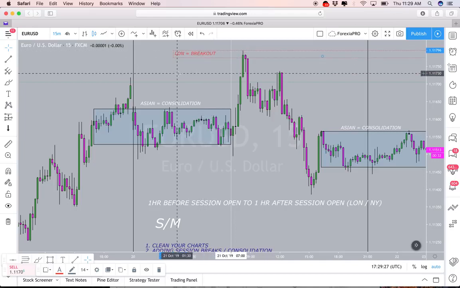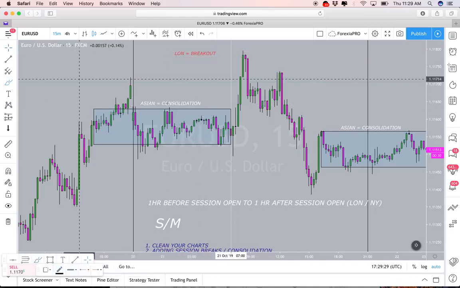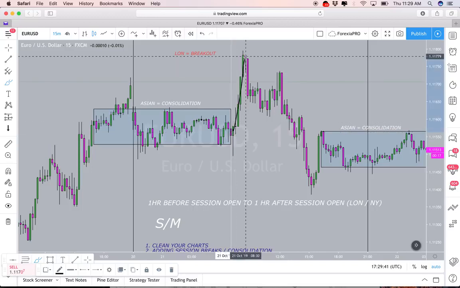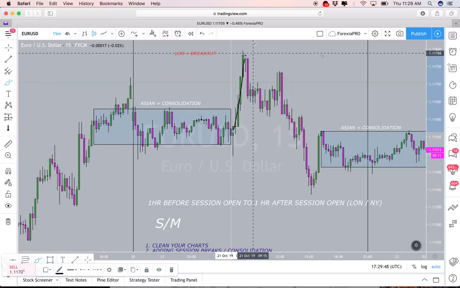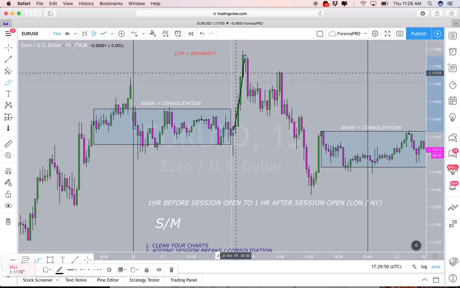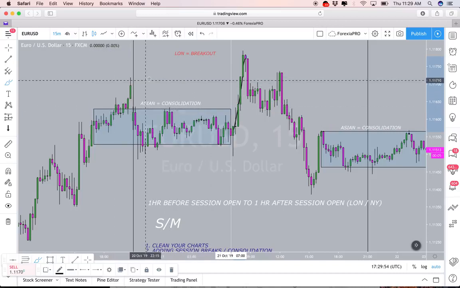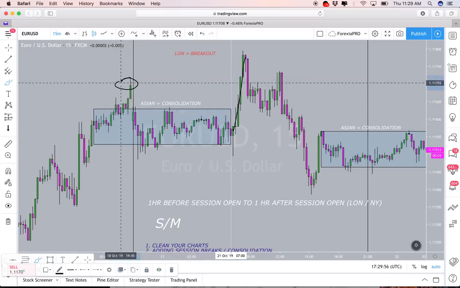Here's a perfect example. Right when London session opens, the next 15-minute candle, or the next 4 15-minute candles, they break to the high. They break out of that Asian session consolidation to the high of the previous day.